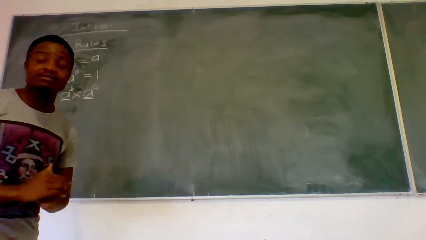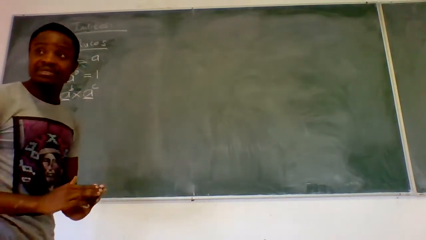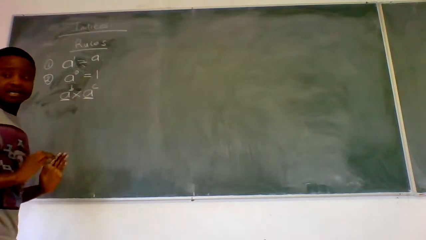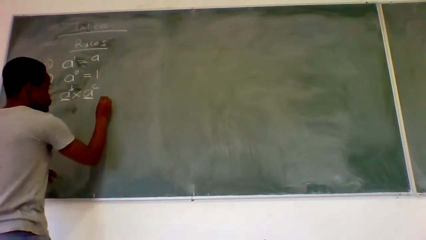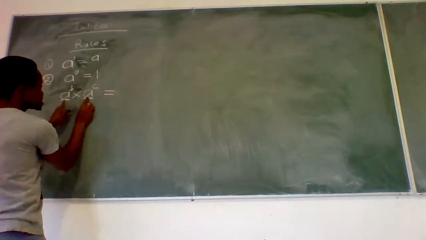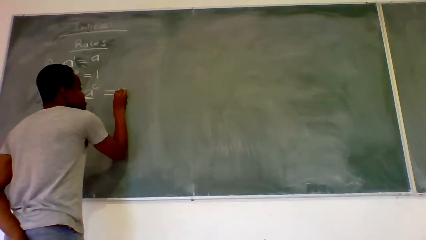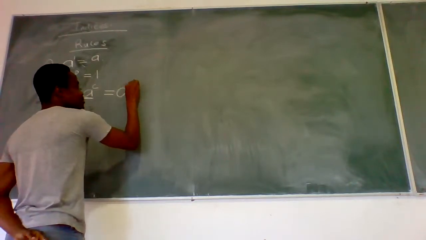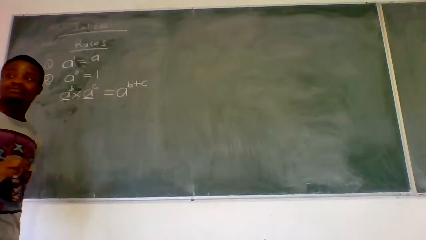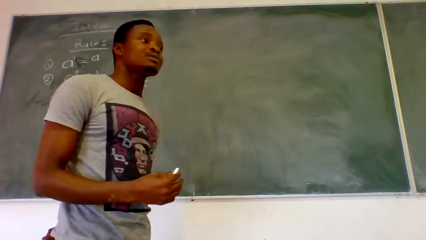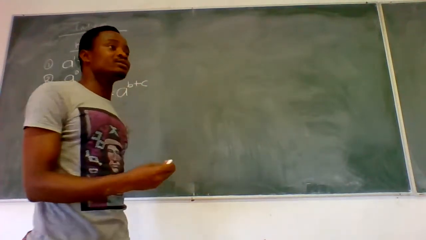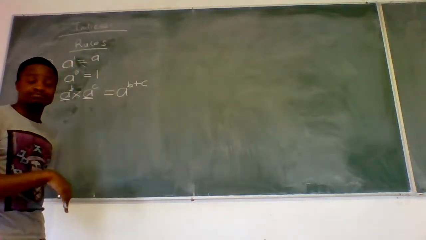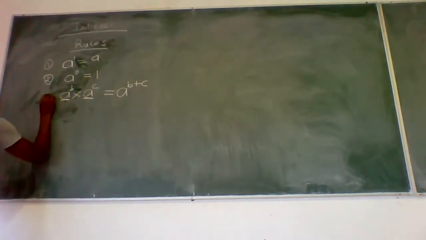So if the bases are the same and they are multiplying, then you add the exponents. This is the multiplicative rule. So this is equal to A, writing the base once, and then B plus C. So when you have an expression which involves powers and the bases are the same, you simply add the powers. This is the third rule.